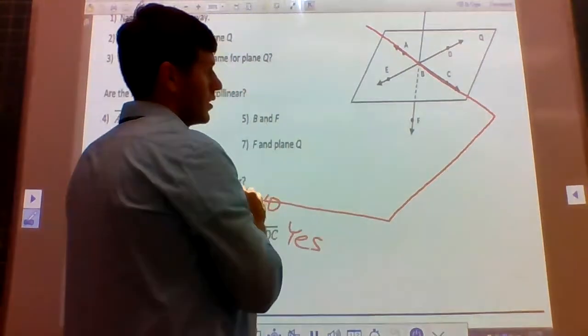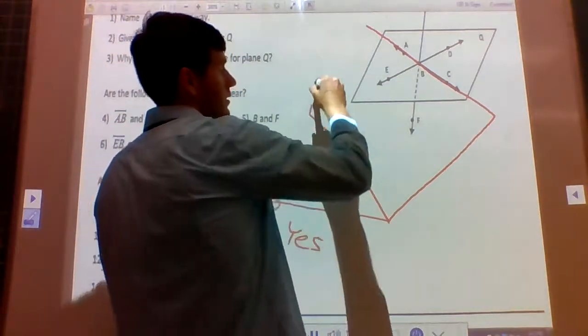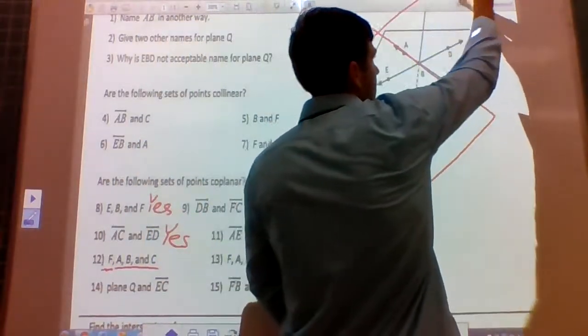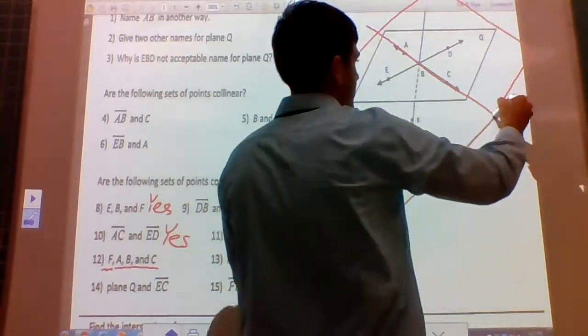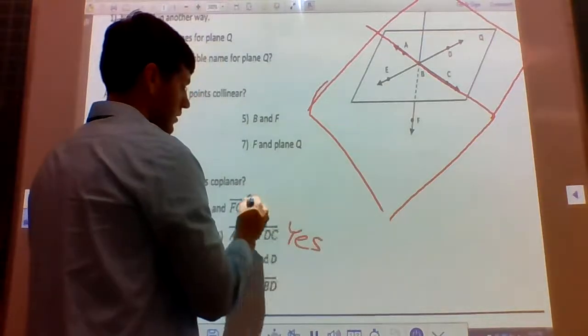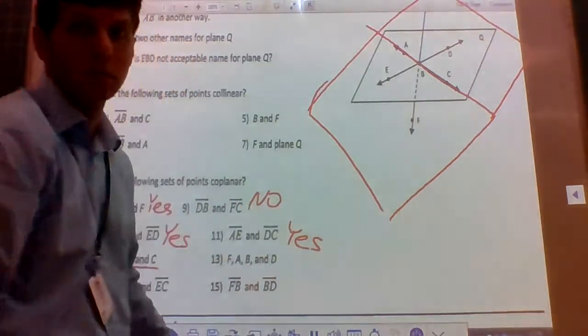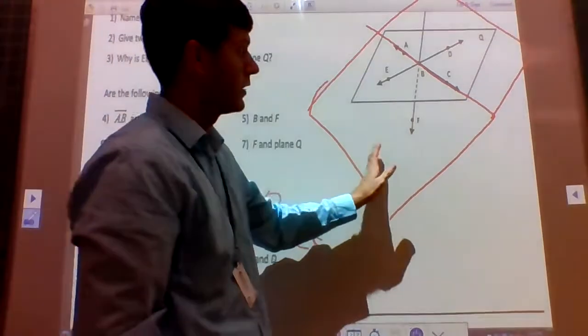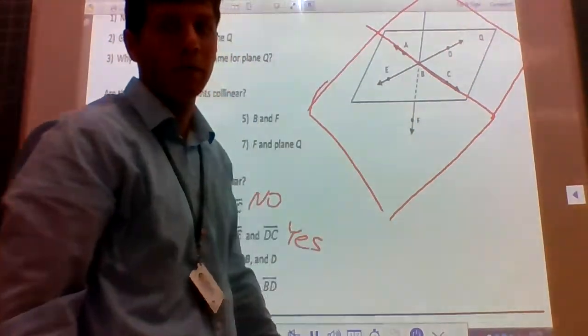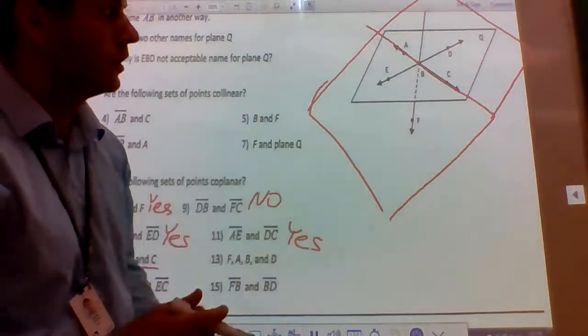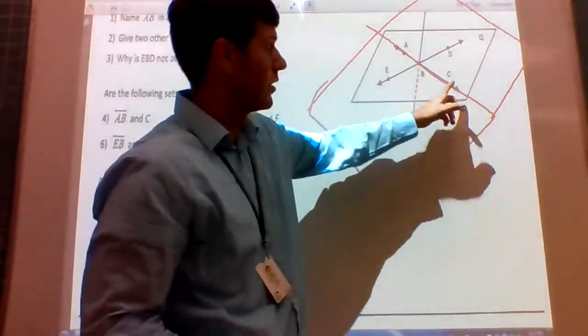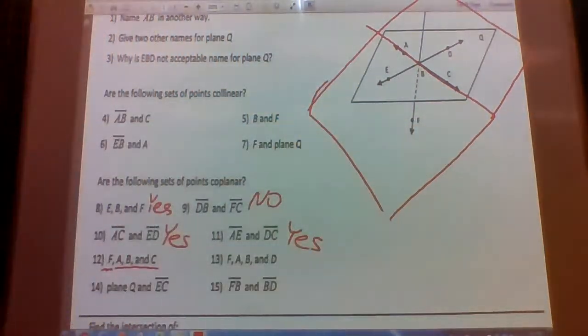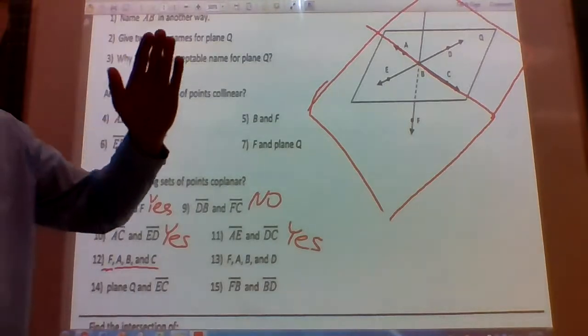Okay, and if we draw a plane such as this, again, not the best artist here. If we can imagine this plane coming up through plane Q with F on it, we can see that A, B, and C are all on the plane with F. So you have a line that's one dimension.